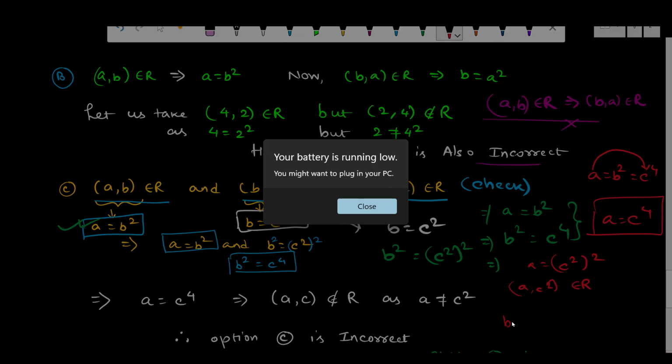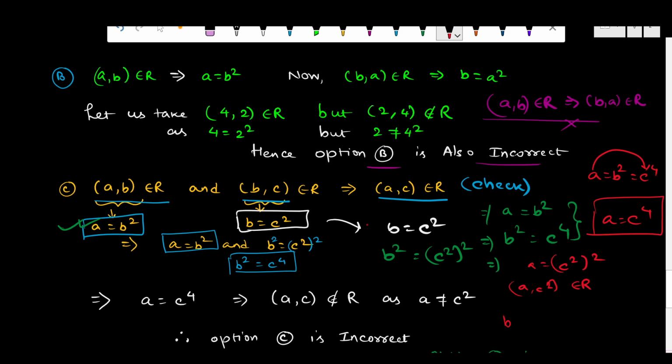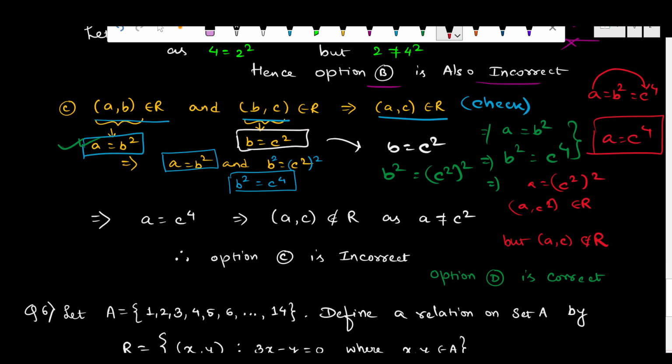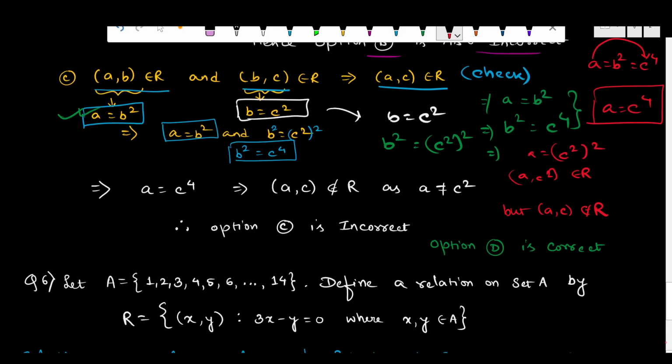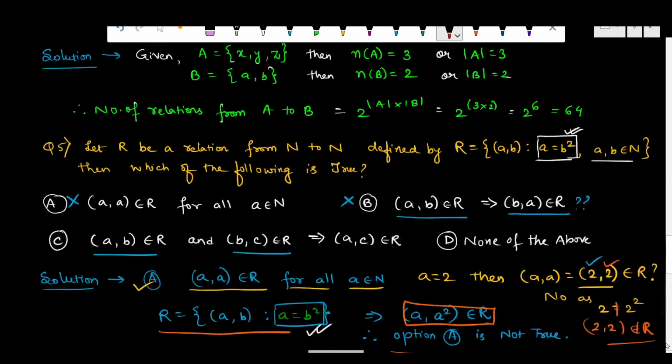But (a, c) will not belong to R. Hence option C is also incorrect, right? So option D is the only correct answer, none of the above.